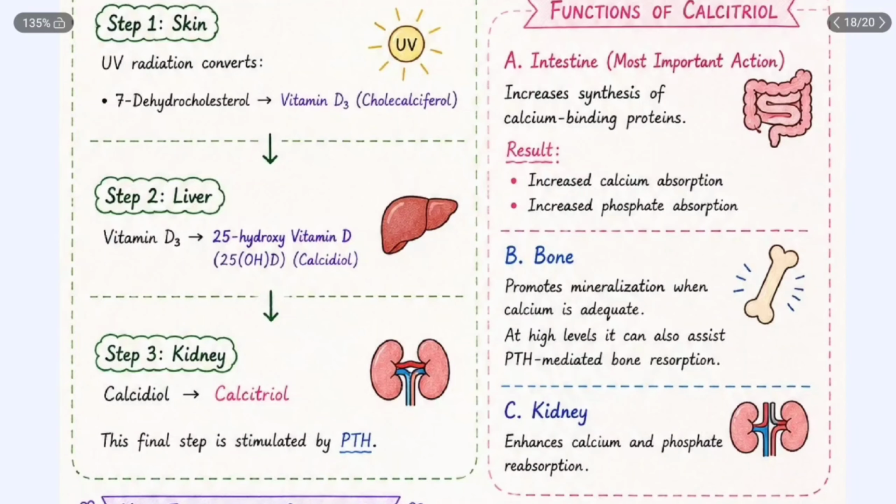Now, what are the functions of calcitriol? In intestine, it increases synthesis of calcium binding proteins, which results in increased calcium absorption and increased phosphate absorption. It is the most important action of calcitriol. Now, in bones, it promotes mineralization when calcium is adequate. At high levels, it can also assist parathyroid hormone mediated bone resorption.